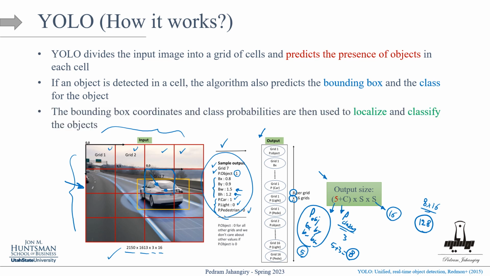Okay, so I think we already talked about all these bullet points. If an object is detected in a cell, the algorithm also predicts its bounding box and the class for that object, and the bounding box coordinates and class probabilities are then used to localize and classify the object. So this is in a nutshell and at a very high level what YOLO is and how it does the job. YOLO has become very popular for its ability to perform object detection in real time, and of course its relatively good accuracy.